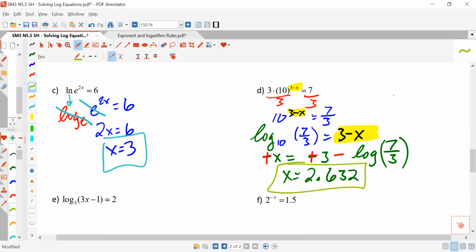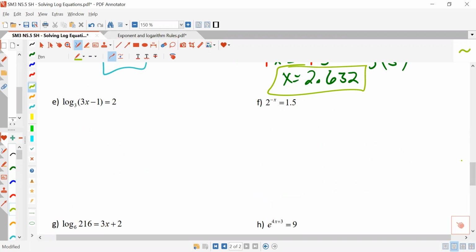Okay, so for the rest of these, you want to think about switching them out. It depends on where your variable is. Your variable is inside, and you need it not inside the operation. The operation is logarithm, the base is 3, so I want to change it to a base of 3.